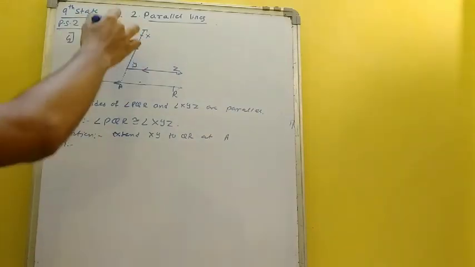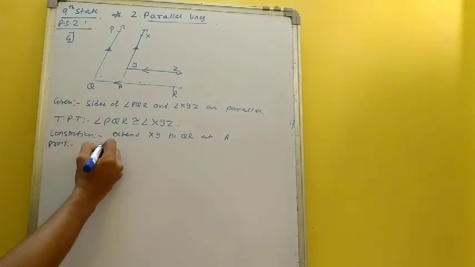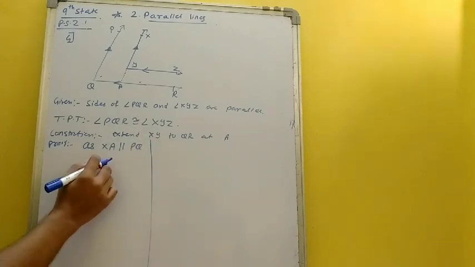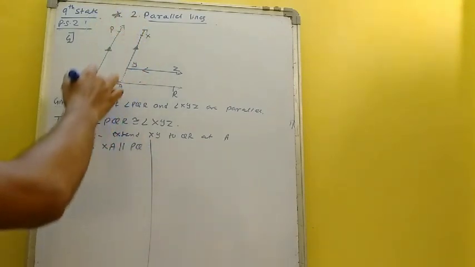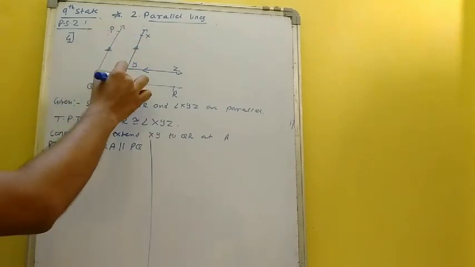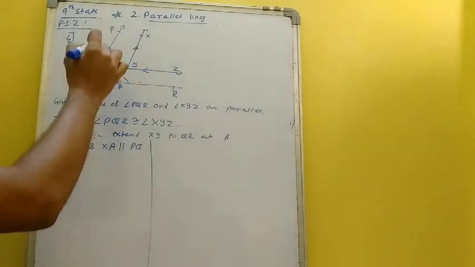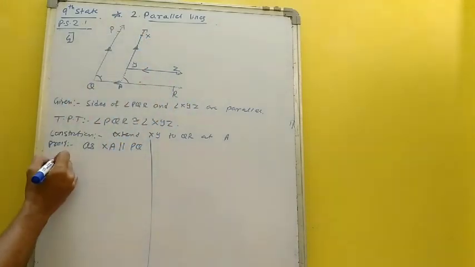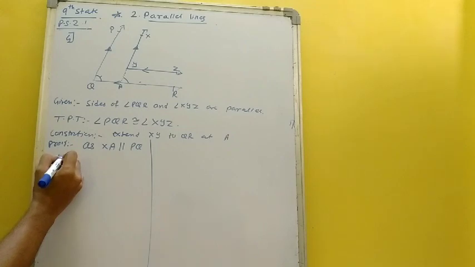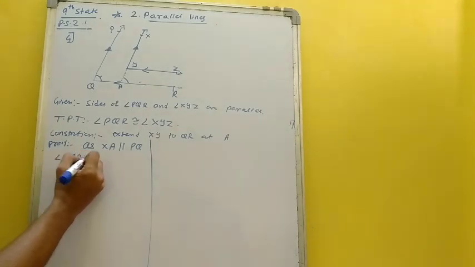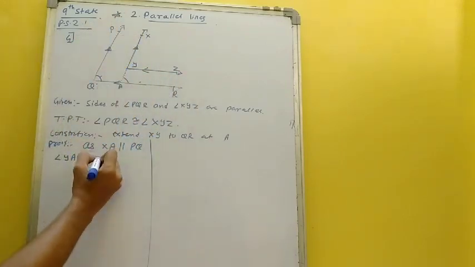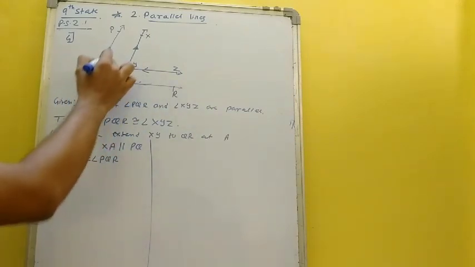As XA is parallel to PQ, we have two parallel lines, therefore corresponding angles are equal. So I can say that XAR, or I can also write YAR, is equal to PQR.